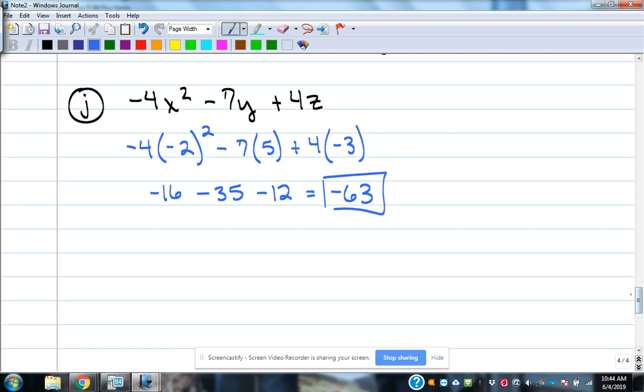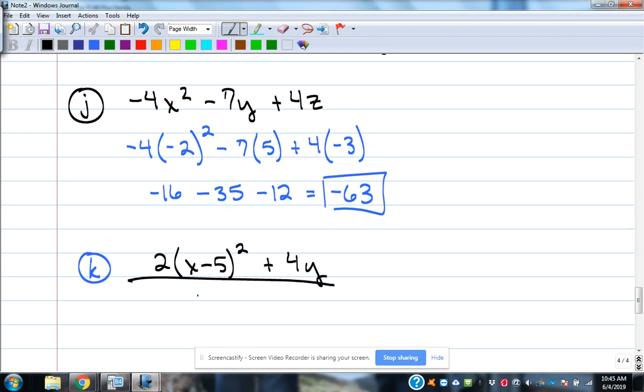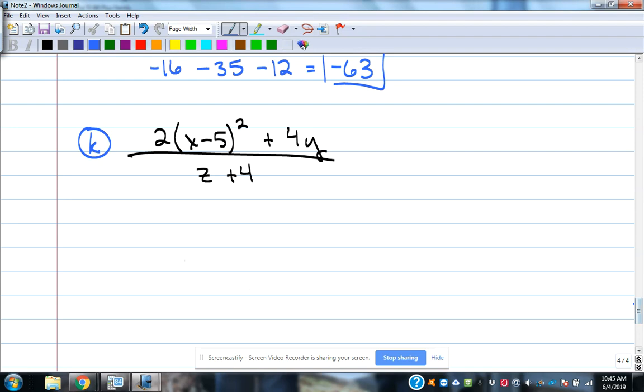Let's do another one of those, and then we'll do the easy thing last here for this section. Let's say we had 2 parentheses x minus 5 squared plus 4y over z plus 4. Again, I would plug in the stuff for x, y, and z.